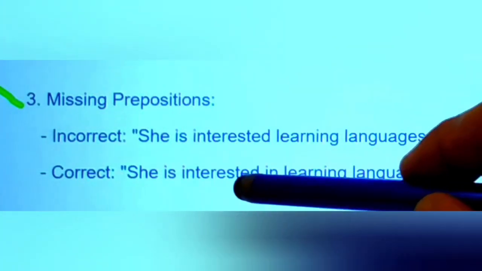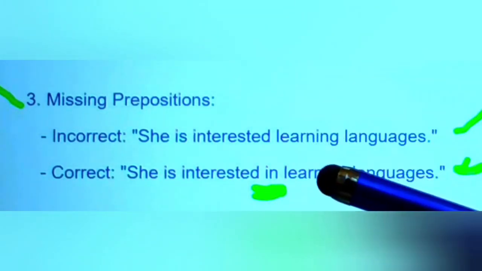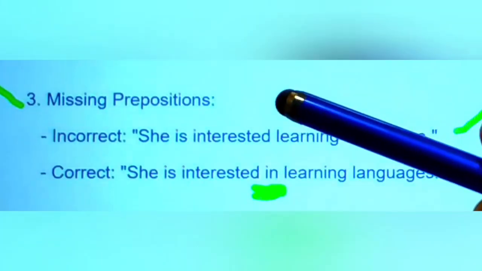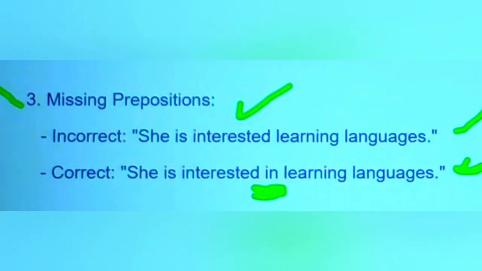So here it describes what she is interested in. So, she is interested in learning language. In the first sentence, in is missing. This is a missing preposition example. Hopefully you got it, this one as well.